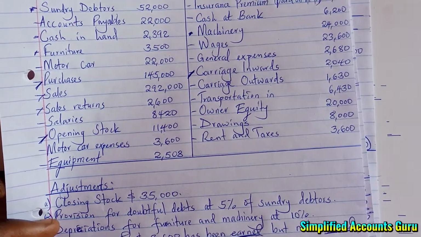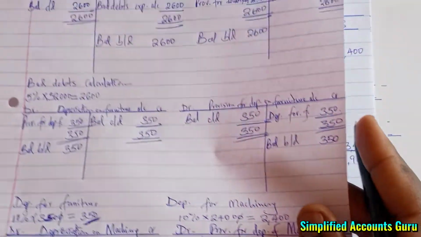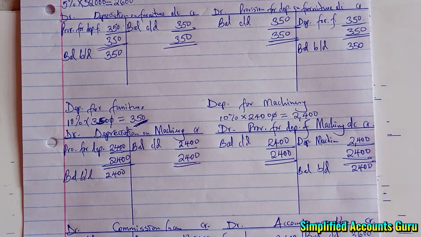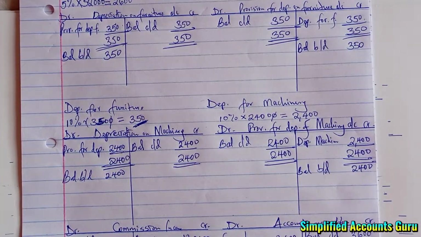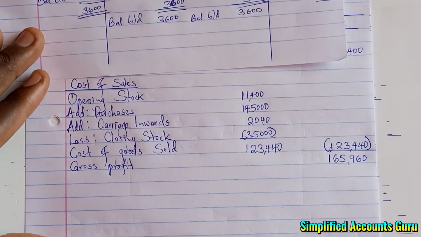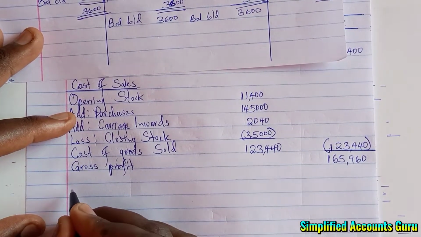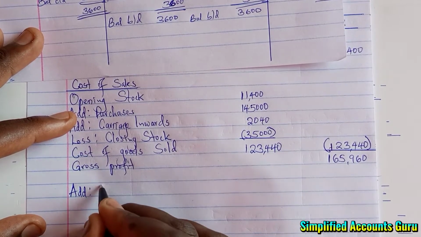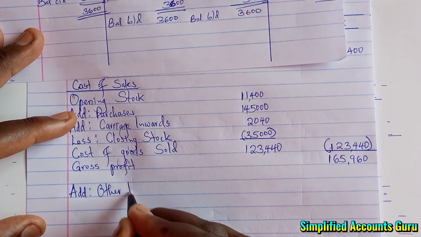We have got this commission received. You can remember from our calculation here, we had commission income. So we can pick this one first and say here, add other incomes.